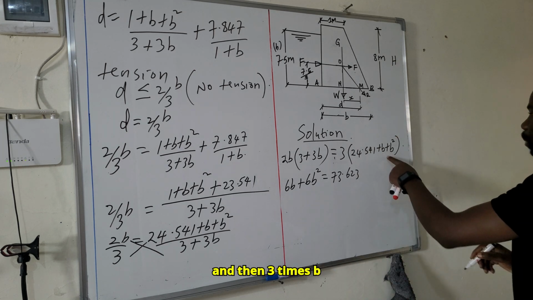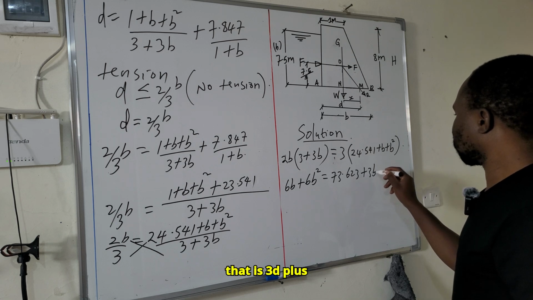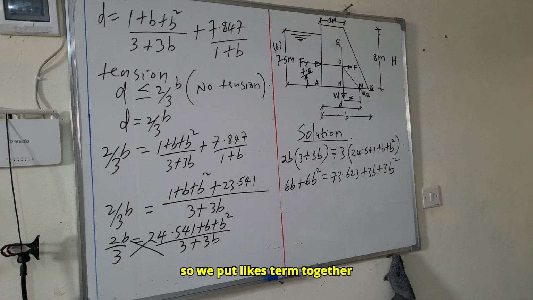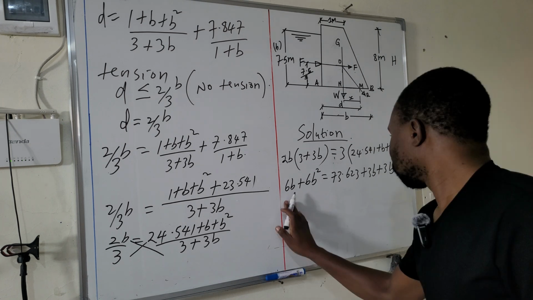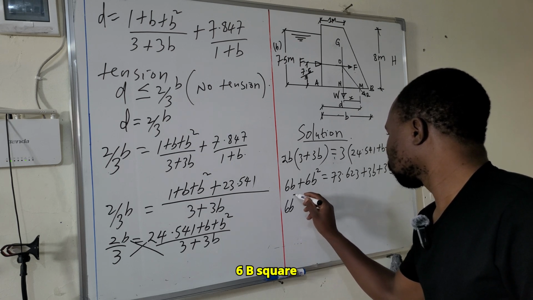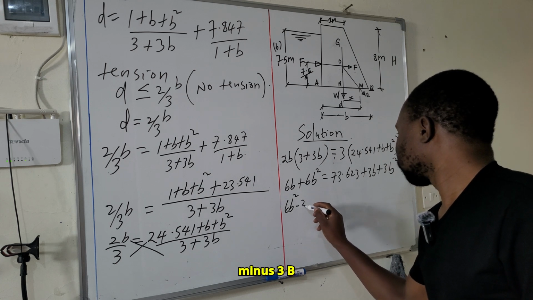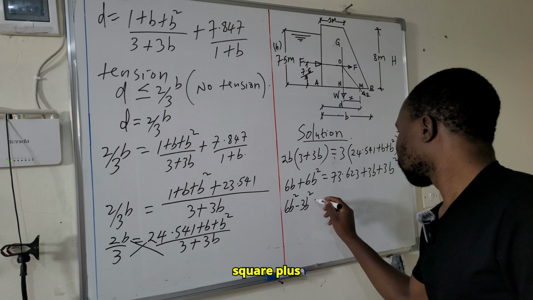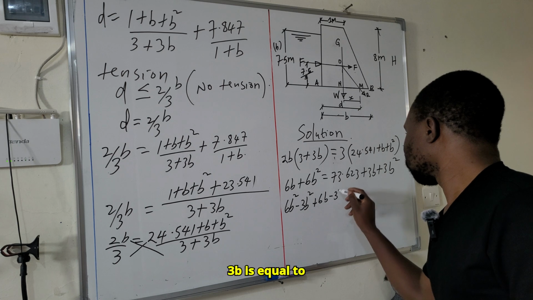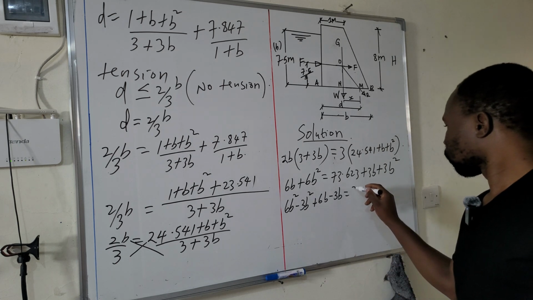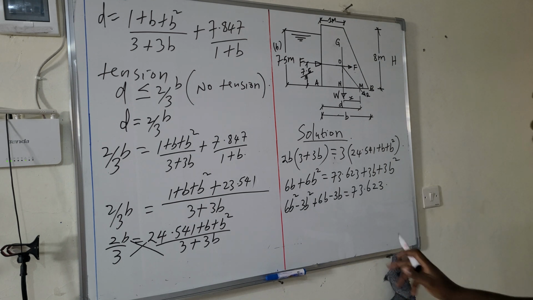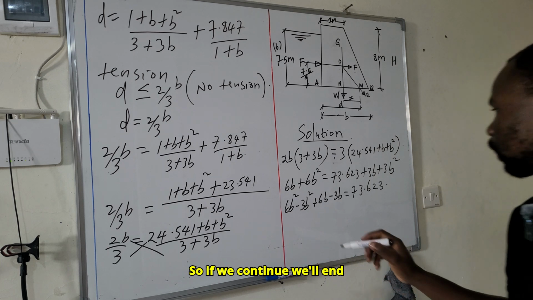And then 3 times b square, that is 3b square. So we put like terms together. We'll end up having 6b square minus 3b square plus 6b is equal to 73.623.